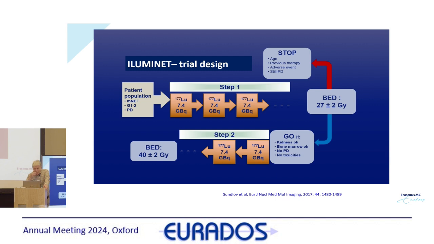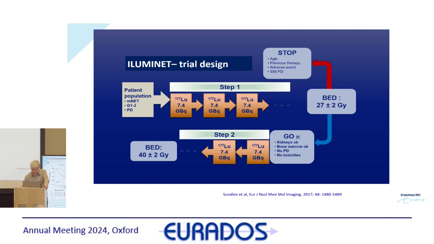A clinical trial was set up in Sweden to treat patients, first of all, with several cycles of therapy with this 7.4 gigabecquerel until a BED of 27 gray was reached. That was a more conservative threshold. And if these patients did not show any direct toxicity, they were treated until the dose to the kidneys reached 40 gray.